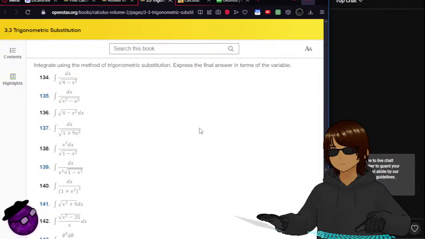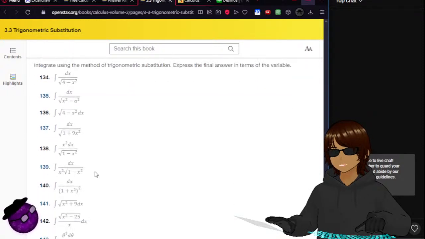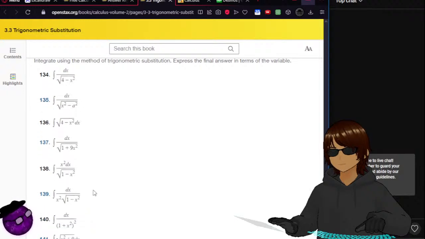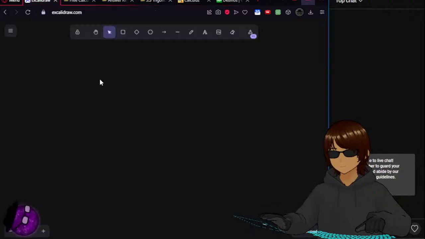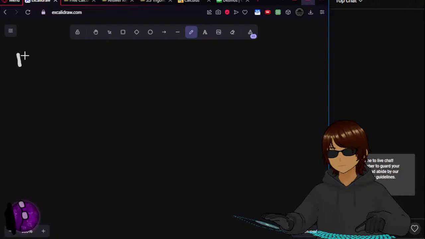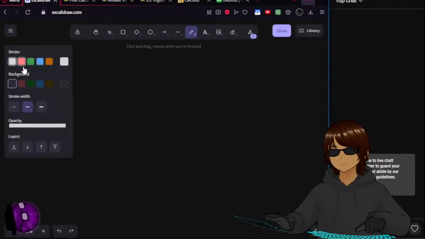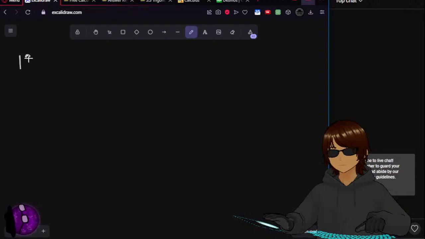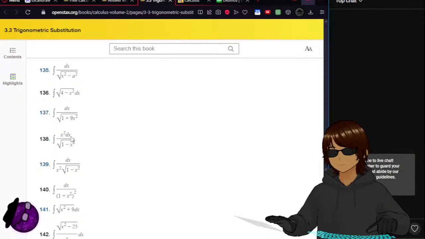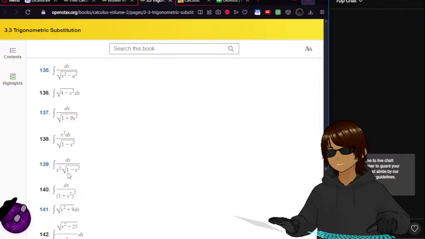Which question should I do? Maybe 139. Yeah, x squared and root 1 minus x squared.